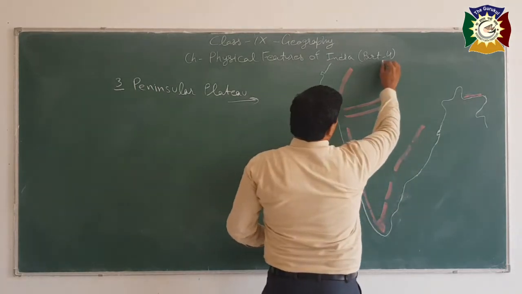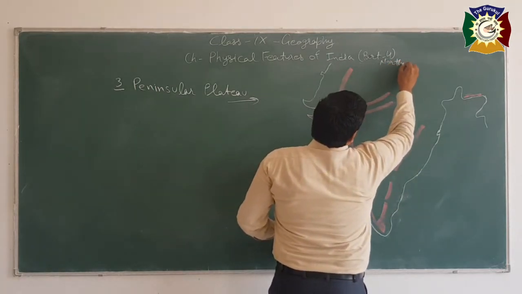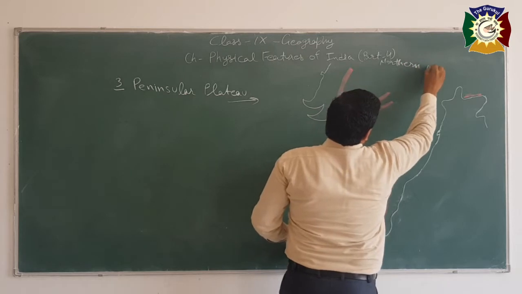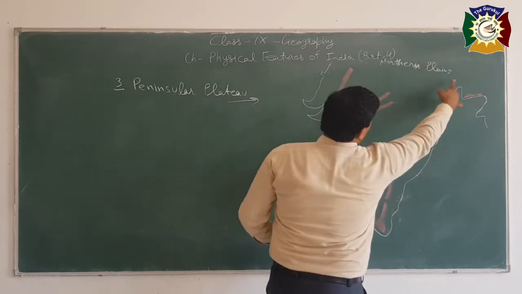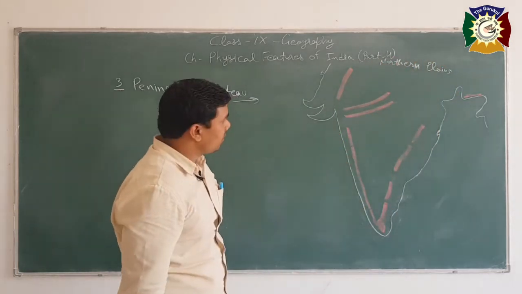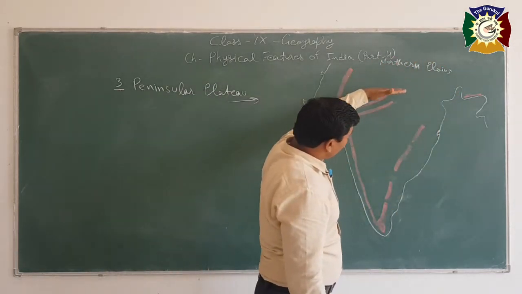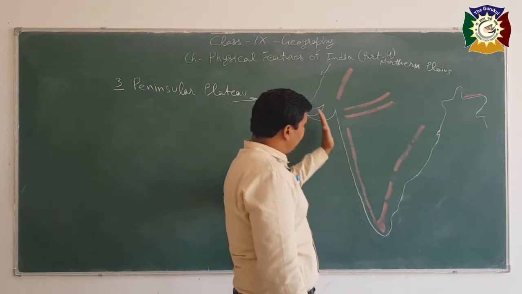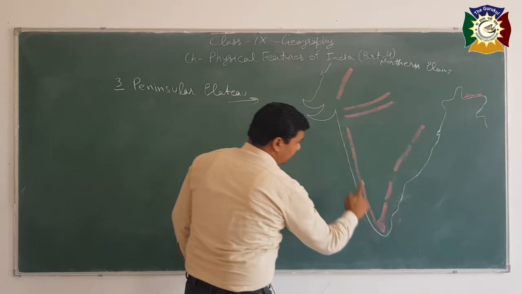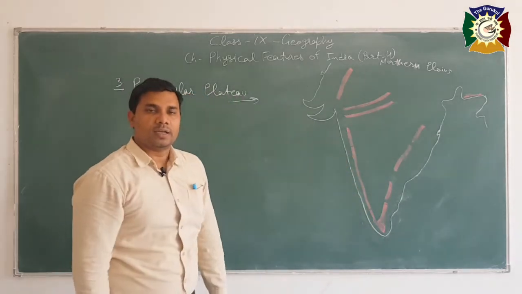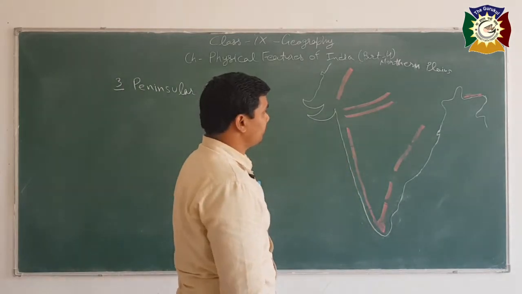We know the northern plains, or the Ganga plains, are located here, and in the south of northern plains this roughly triangular shape is known as the Peninsular Plateau.